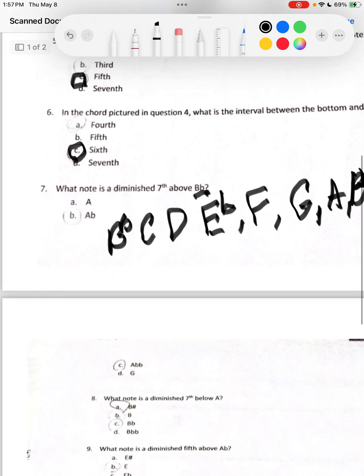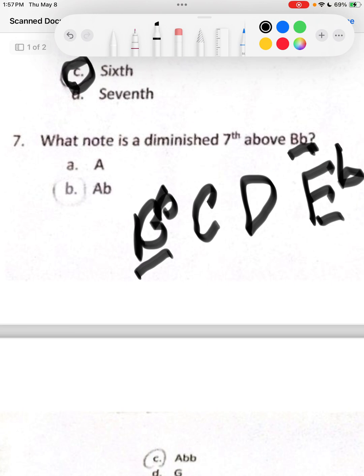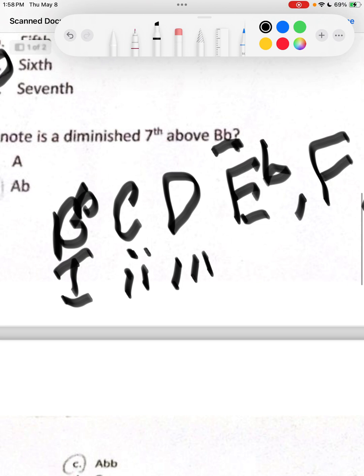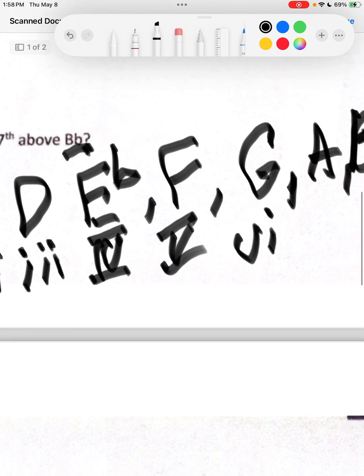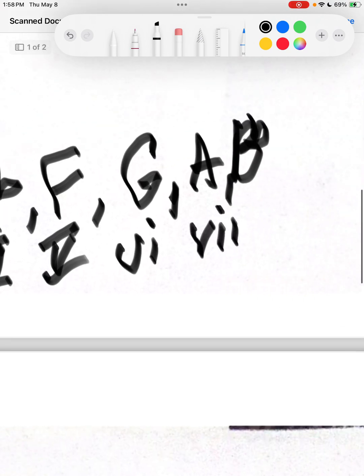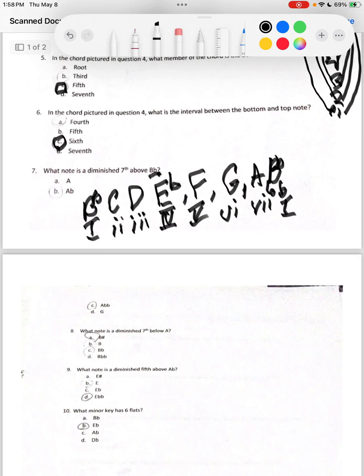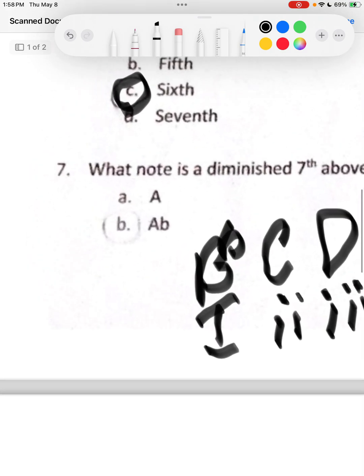Okay, this is what I see. So it's 1, this is 2, this is 3 back here, 4 goes on E flat, 5 is F, 6 is G, 7 should have been A, and then that has to be 1. Okay, that should not confuse us. It should have been A double flat. How in the... Okay. Diminished seventh above the B flat has to be A.